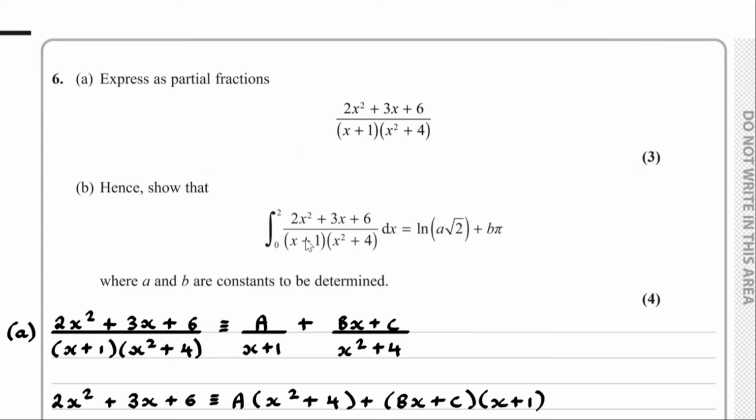For part B, hence show that the integral from 0 to 2 of (2x squared + 3x + 6) over (x + 1)(x squared + 4) with respect to x is equal to the natural log of a times the square root of 2 plus b pi, where a and b are constants to be determined.